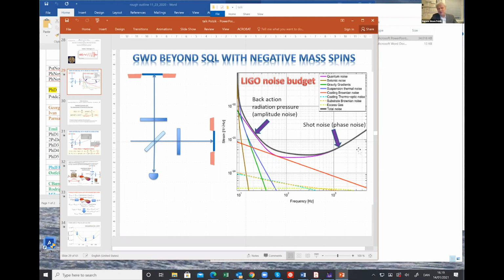It remains to be seen whether this is going to be competitive and whether this is going to be the thing that will be implemented first. But so far, in all honesty, there are several competing proposals for broadband quantum noise reduction, and this is one of them.